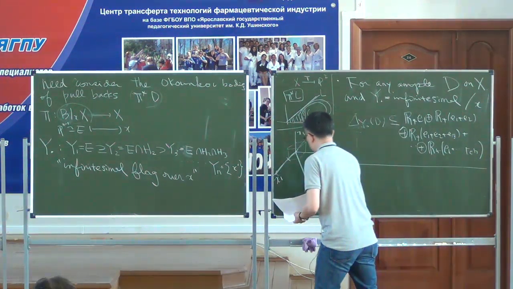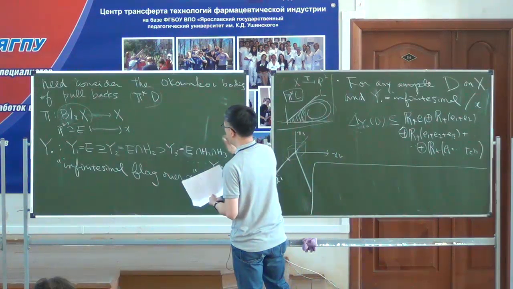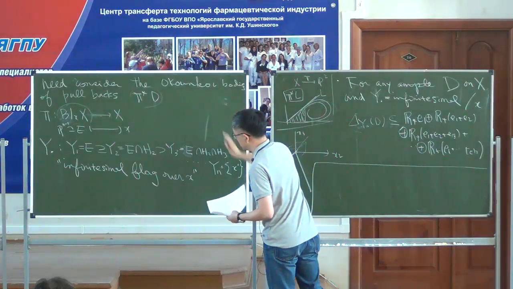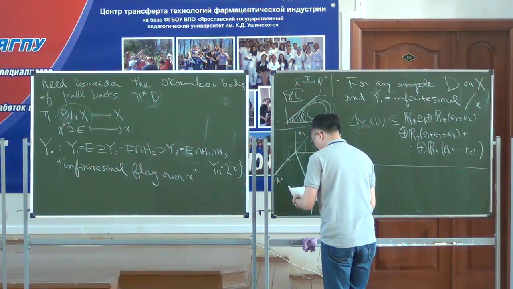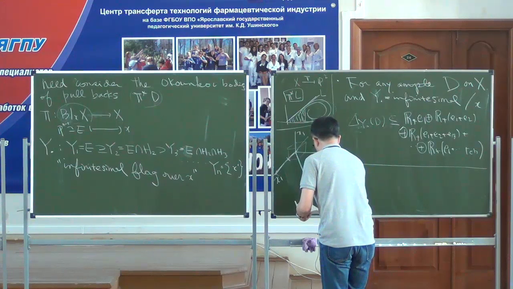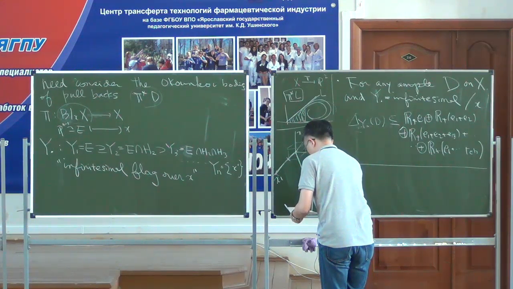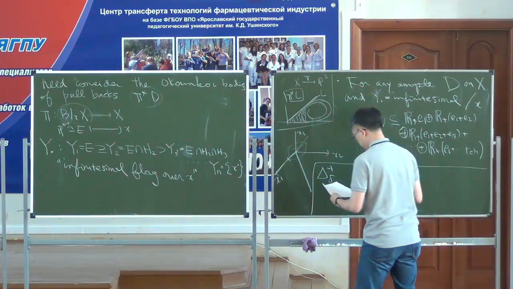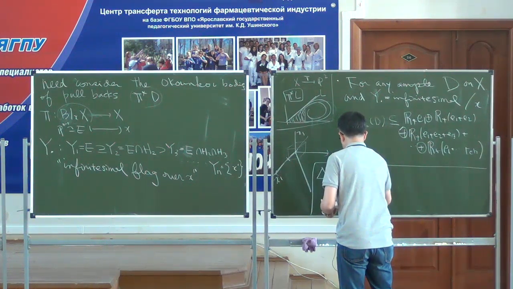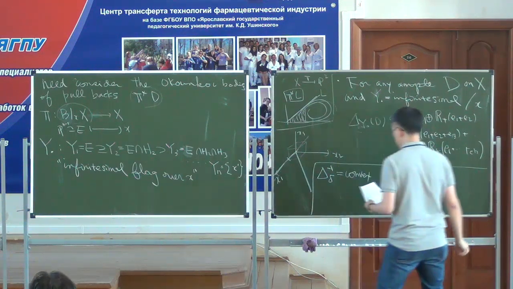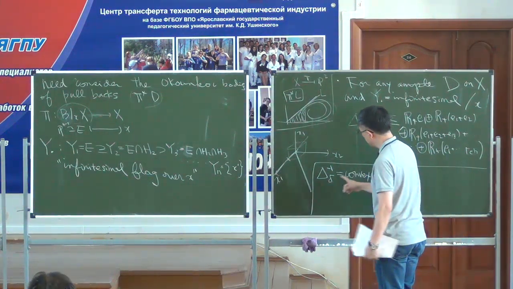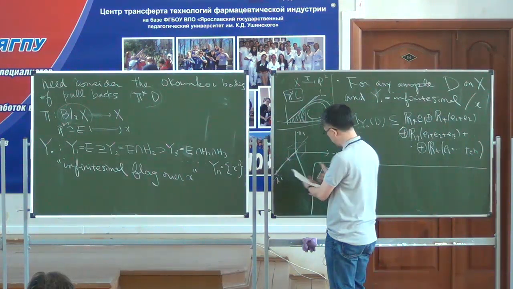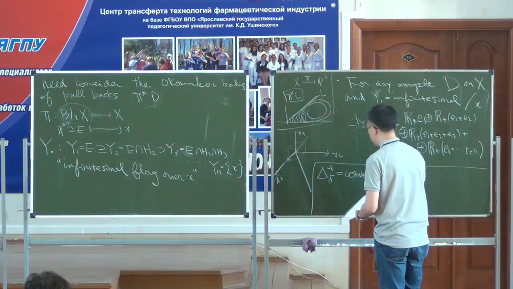So now, using this fact and using this infinitesimal flag, we define this invariant, delta minus 1. It's called the inverted simplex. You know what the usual simplex is, but this is a variation of the simplex.